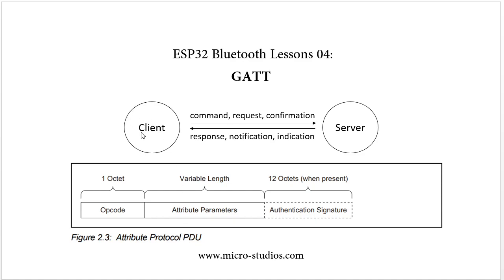For example, when our client sends a command to the server, the command will be this part, the operation code, and the input parameter for the command will be this part, the attribute parameter, which is the extra information for the command.